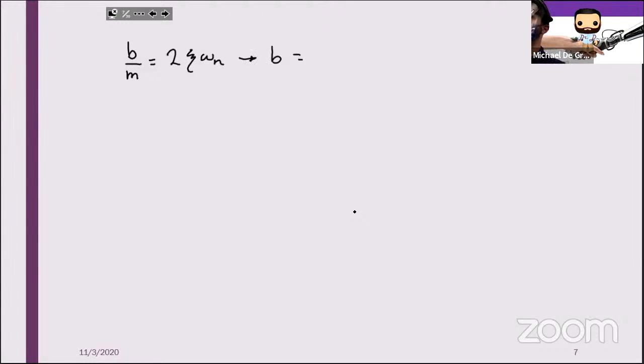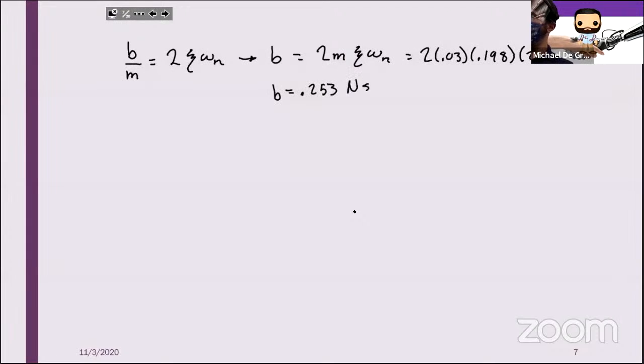So B is equal to 2 times the mass times zeta omega n. That comes out in Newton seconds per meter.